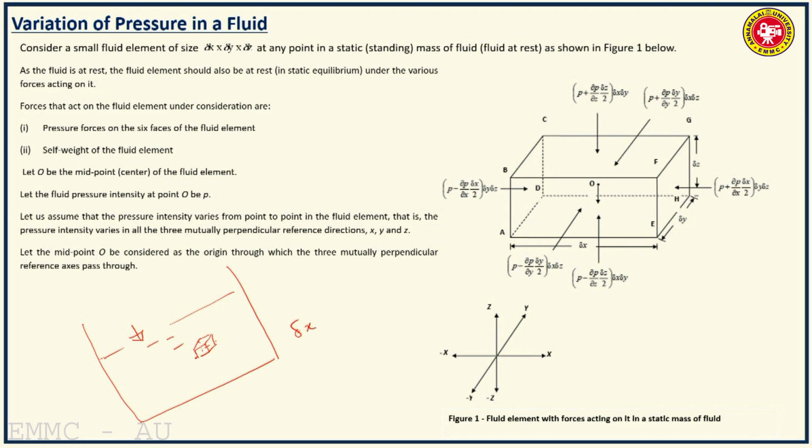So delta x is the dimension of the fluid element along the x direction, delta y along the y direction, and delta z along the z direction. So delta x multiplied by delta y multiplied by delta z will give you the volume of the fluid element.